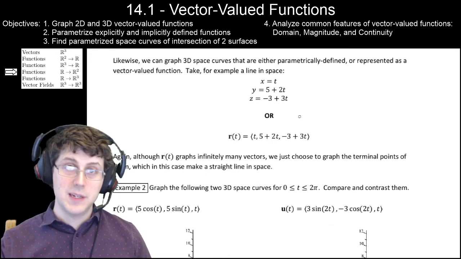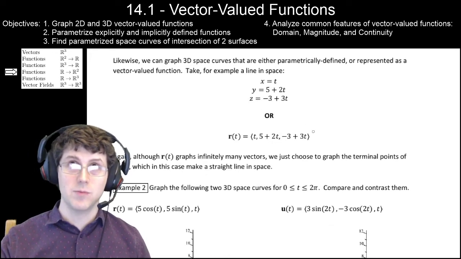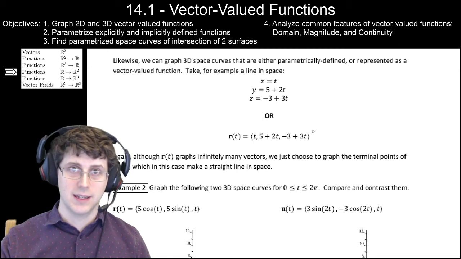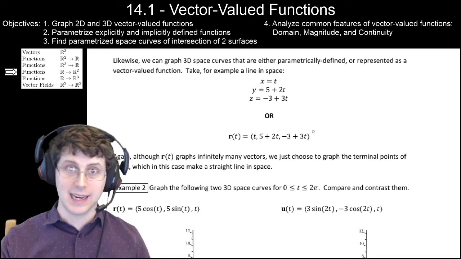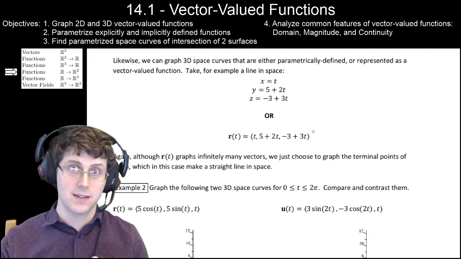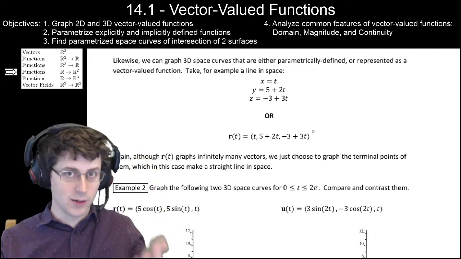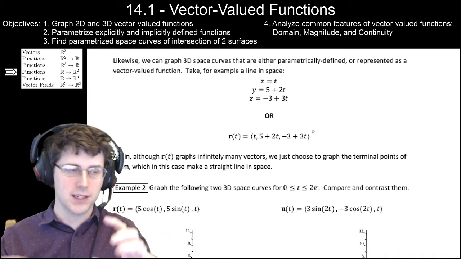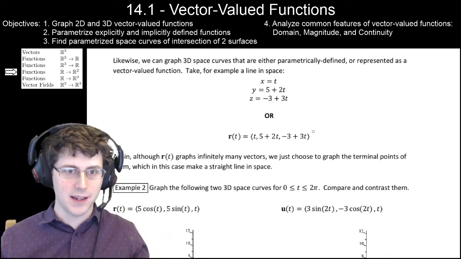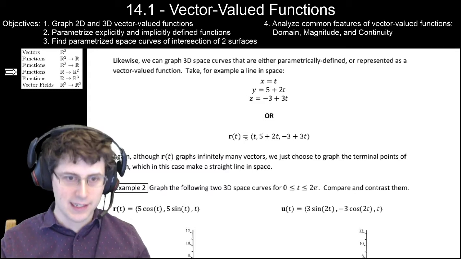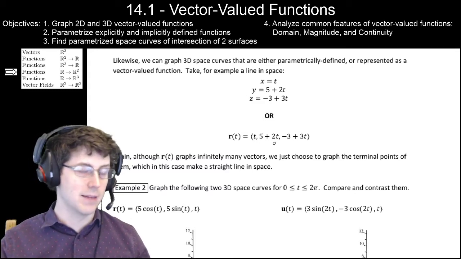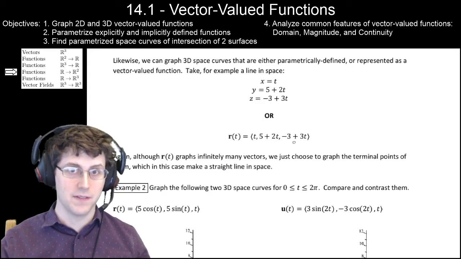If you're looking in 3 dimensions, you could have an input of a parameter, like a time value, and you could get back an x, a y, and a z, all 3. Well, you could think of this as 3 parametric equations, like a set of parametric equations, or you can mash them all together into one object by putting the x in the x component, the y in the y component, and the z in the z component of the vector.